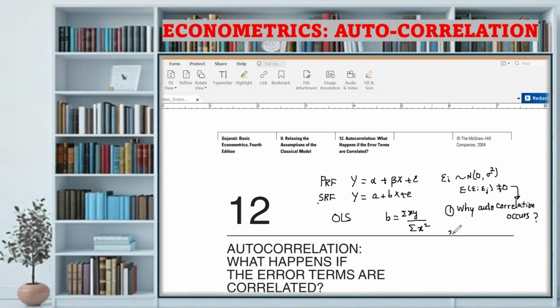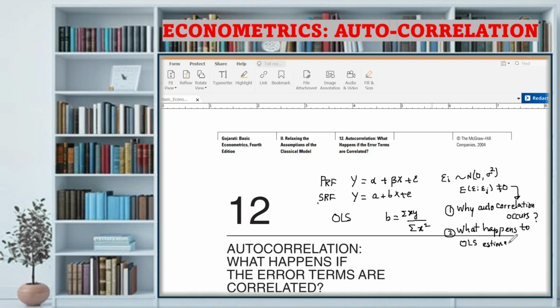The second question is, what happens to OLS estimation with autocorrelation? Remember, we are doing OLS estimation.